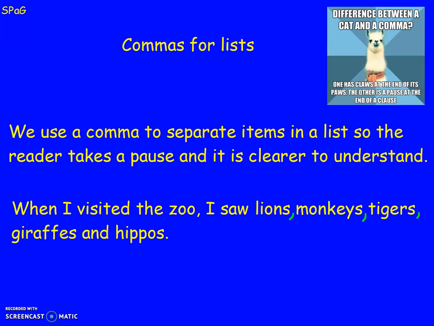So let's read it again. Now we've got our commas in there separating the list of animals that the person saw. When I visited the zoo, I saw lions, monkeys, tigers, giraffes and hippos. Okay, so it's much clearer for the reader to understand.